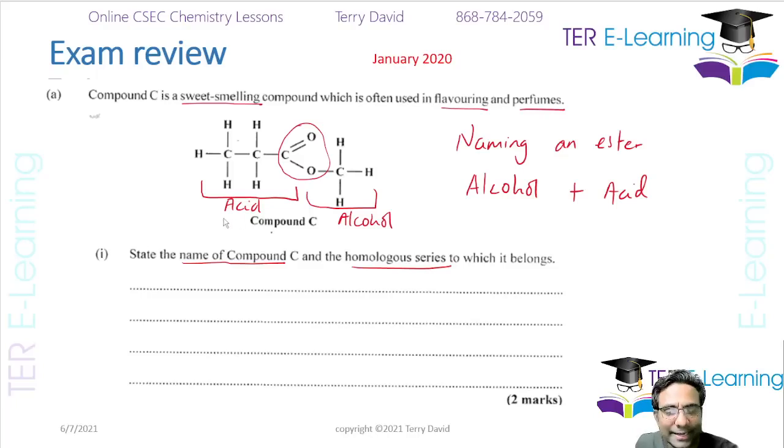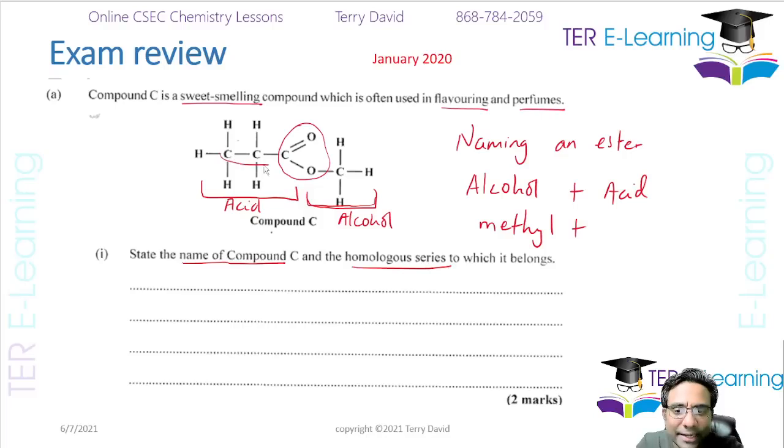In this particular case, if you look carefully, the alcohol part only has 1 carbon atom, so that has to be methyl. And we're adding that to my acid.